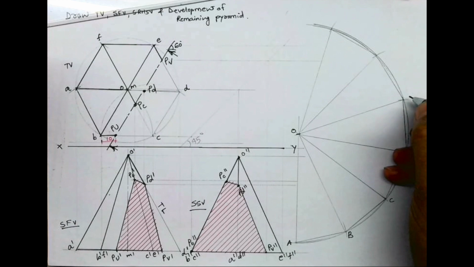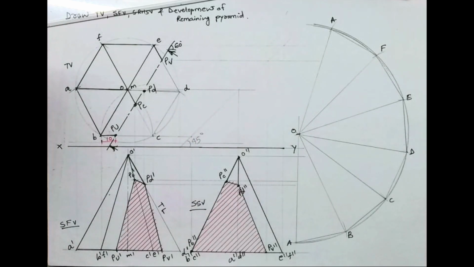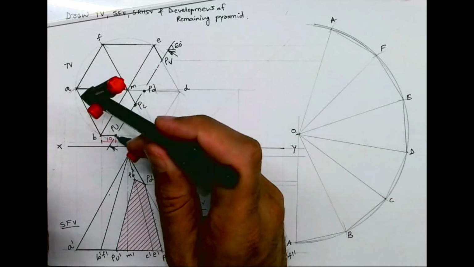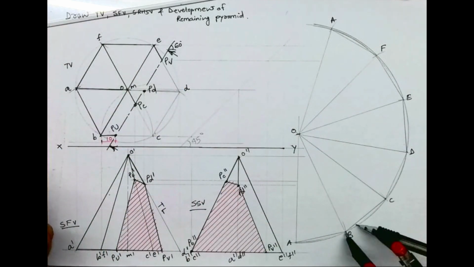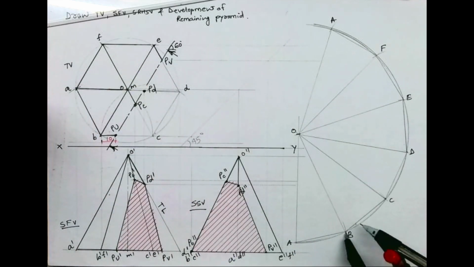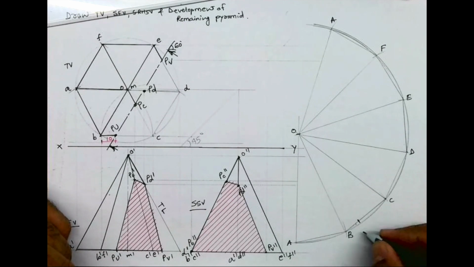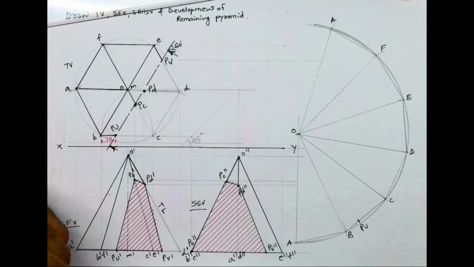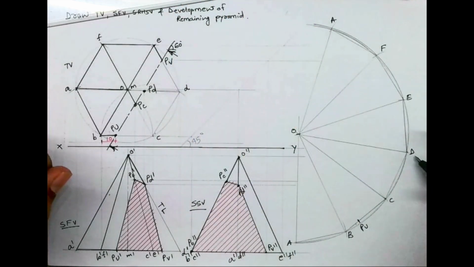This is A, B, C, D, E, F and A. Then you take B to PU and from B you cut it on this side, because PU, PV you can't mark from here, so you have to take them from the top view. This is PU. For PV we'll take D to PV, and from D we'll cut here.